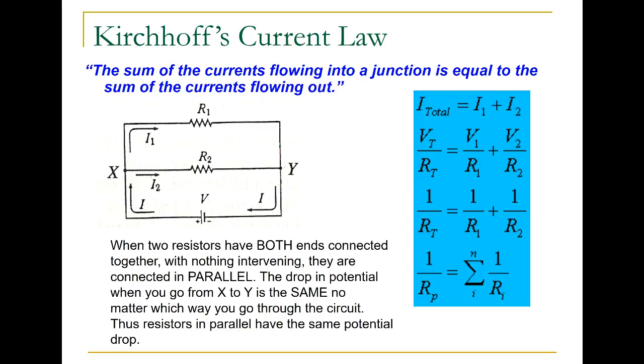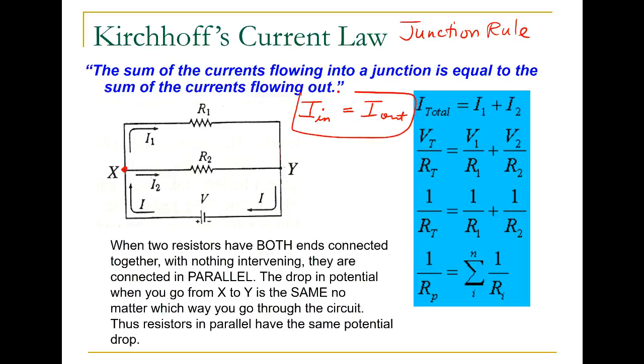Okay, now Kirchhoff's second law is the current law. This is sometimes known as the junction rule. The junction rule says that the sum of the currents flowing into a junction is equal to the sum of the currents flowing out. So if you look at point X right here, I going into X is equal to I coming out of X. That is the junction rule.